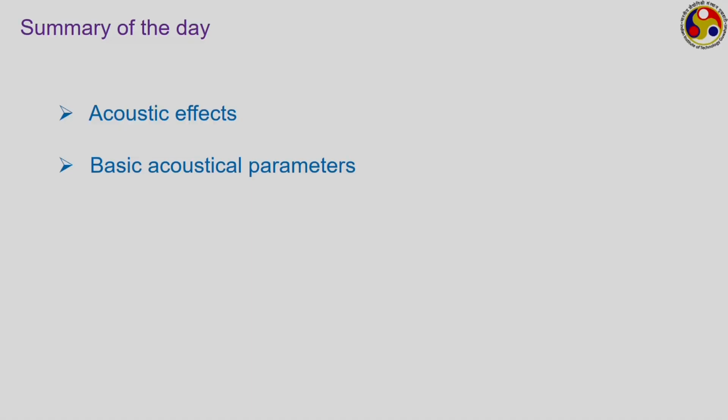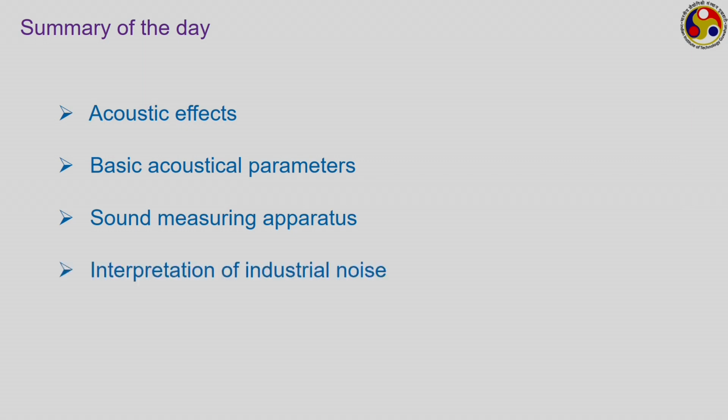So, that takes us to the end of this particular lecture, where we have talked very briefly about the acoustic effects, basic acoustical parameters, particularly the sound pressure level, then sound measuring apparatus. The microphone is the one that we have discussed in some detail, and finally we briefly got some idea about the industrial noise or interpretation of the industrial noise by defining terms like sound exposure level.